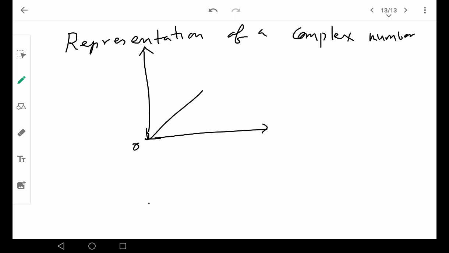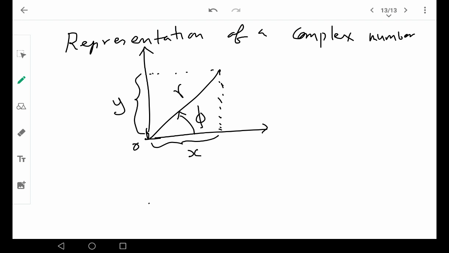I will draw a line like this. The length of the line is given by r, and this angle is phi. If you draw its coordinates here, this length is x, and this length is y.